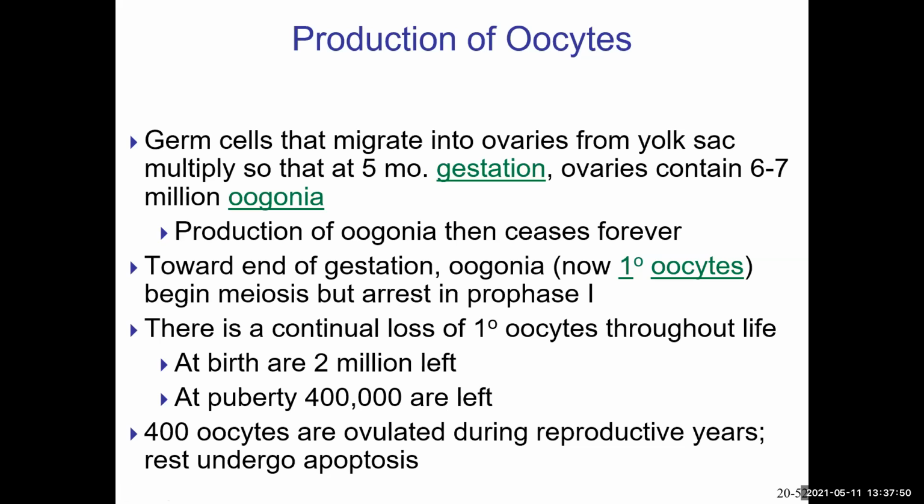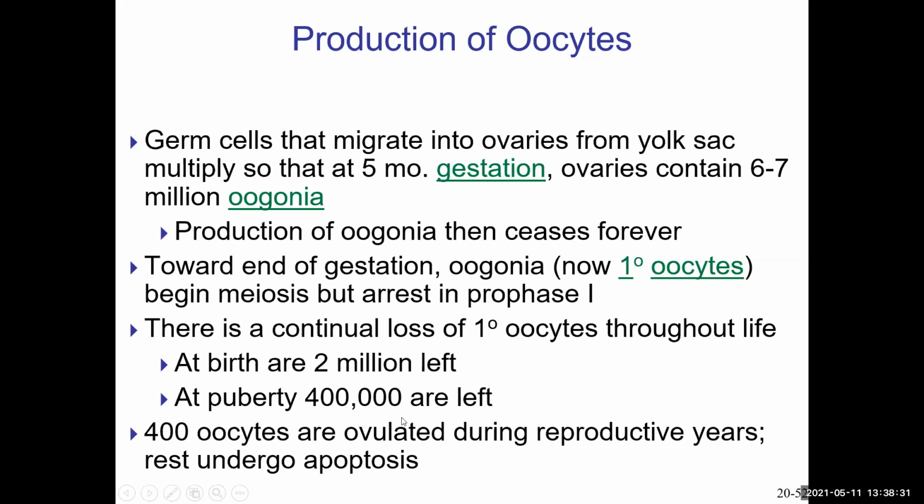They are diploid. If the primary spermatocyte is diploid, then the primary oocyte is also diploid. So towards the end of gestation, the primary oocytes begin meiosis, but they stay arrested in prophase of the first meiosis.